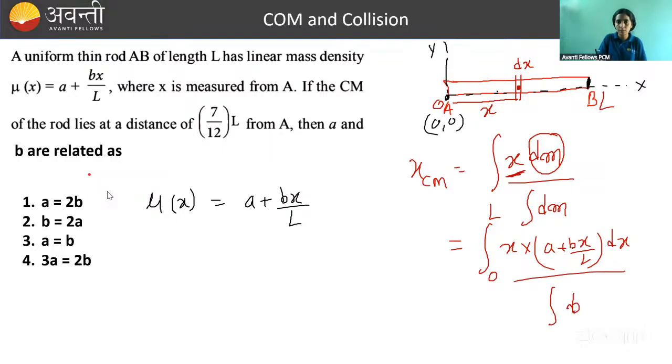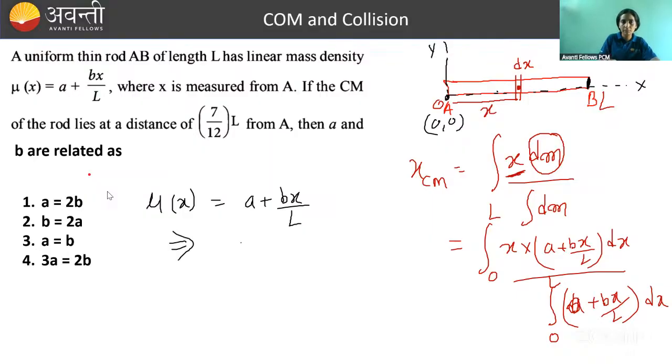How did we calculate the mass? dm is (a plus bx by L) dx, again varying from 0 to L. Now you don't have to do anything except integrate. Simple, so do the integration.